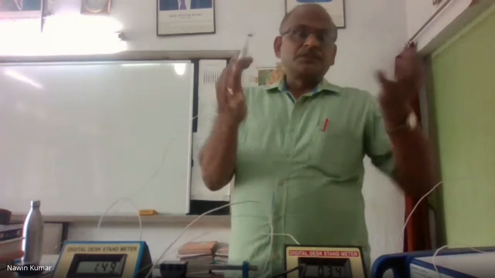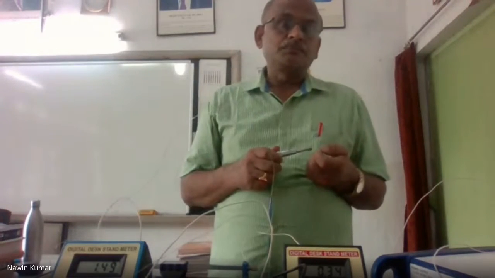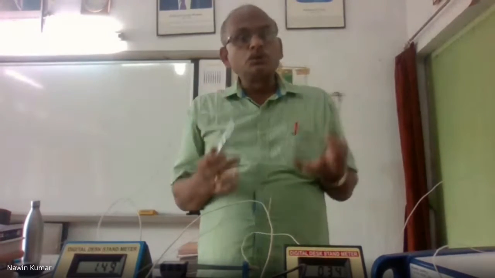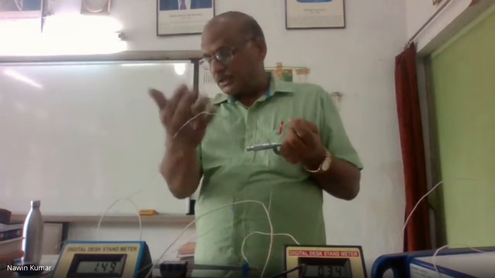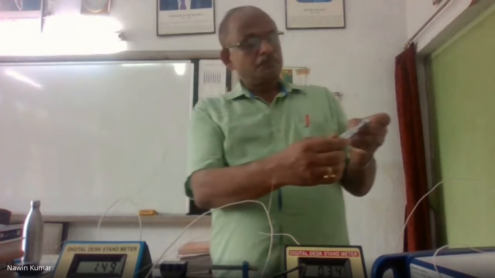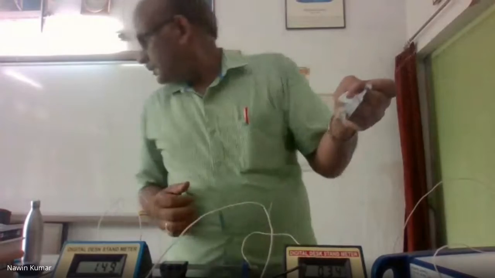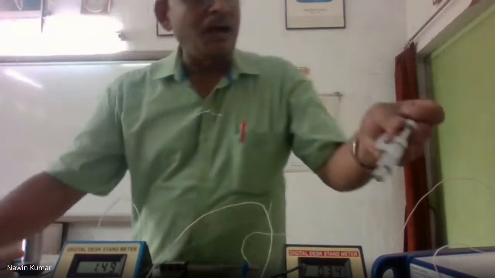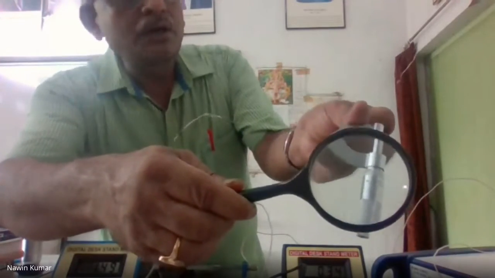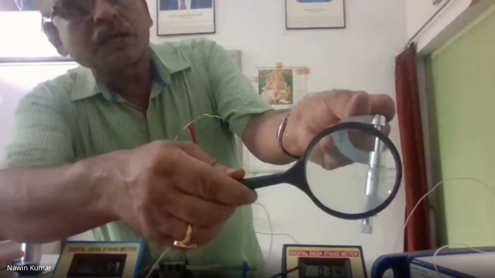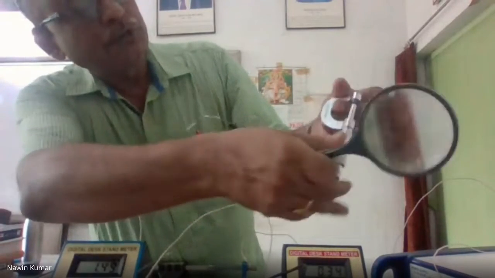Then there may be a zero error, or there may not be. We know the types of zero error, positive or negative. Let me use the magnifying glass. You see here the zero of the circular scale and the reference line on the main scale.